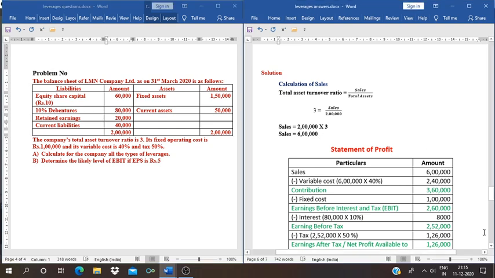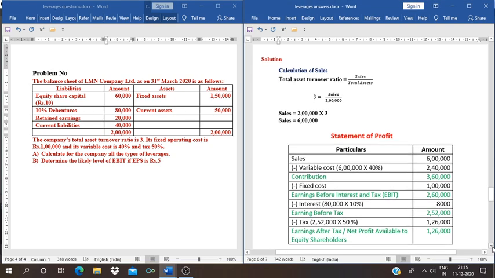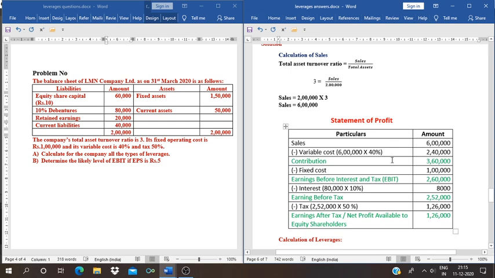Now we have to prepare the statement of profit. That is sales 6 lakhs minus variable cost, 40% is given here. See, 6 lakhs into 40% is 2 lakh 40,000 and the contribution is 3 lakh 60,000. And fixed cost, that is fixed operating cost, is given as 1 lakh.